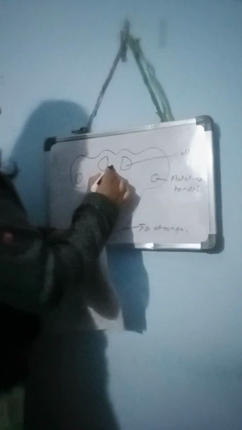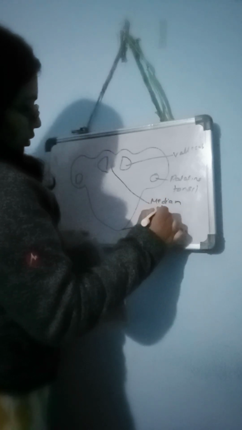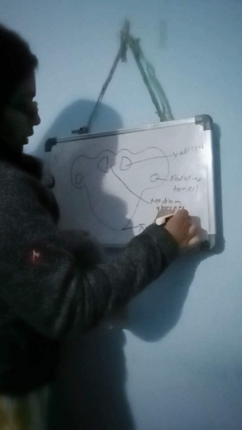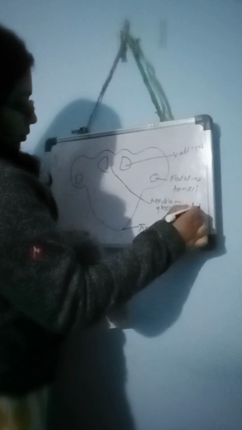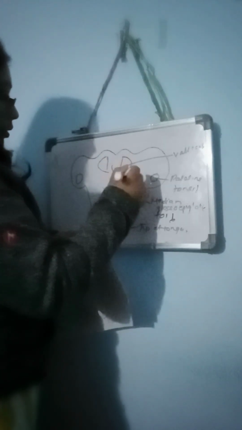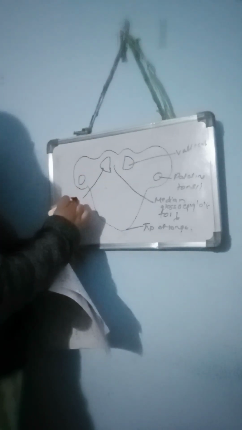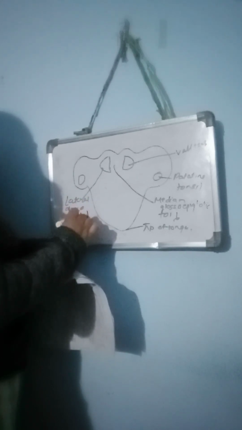This is the vallecula. Now this one is the median glossoepiglottic fold, and this one is the lateral glossoepiglottic fold.